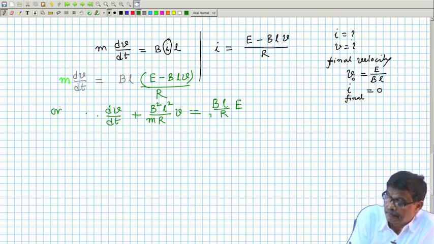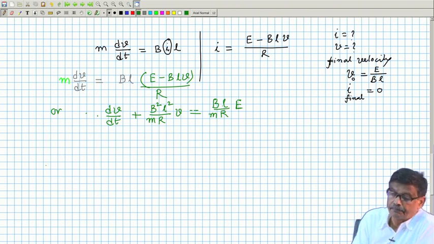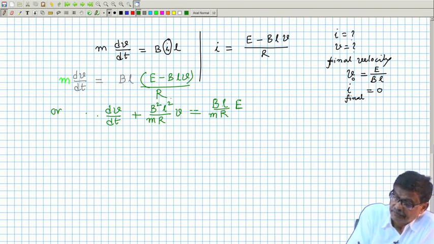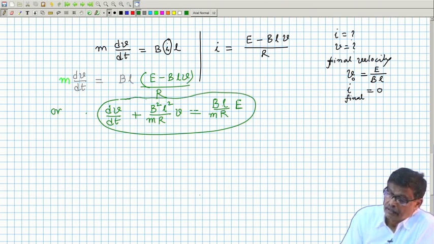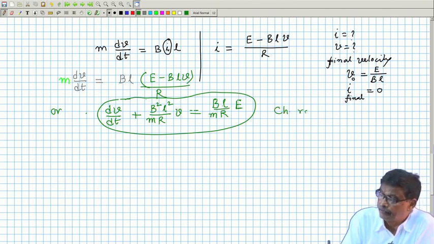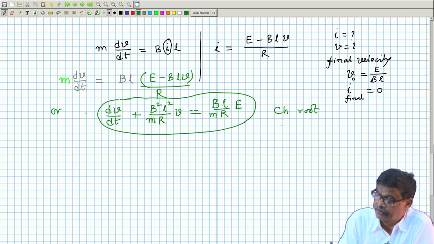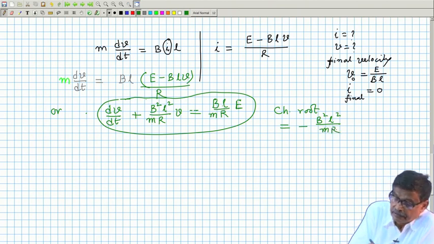It is a first order differential equation, and the characteristic root is equal to minus B square L square by m R. This is the characteristic root.